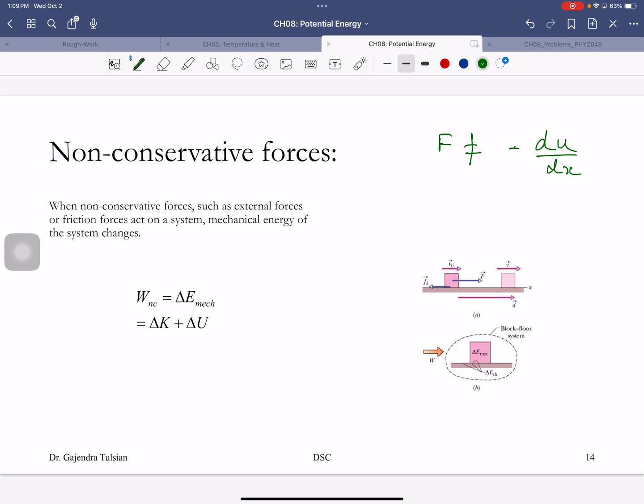All right. So this is the work energy theorem. That is, the net work done by all forces, conservative, non-conservative, doesn't matter, the sum of work done by all forces is equal to change in kinetic energy.